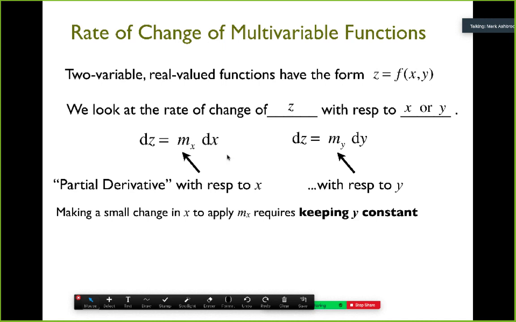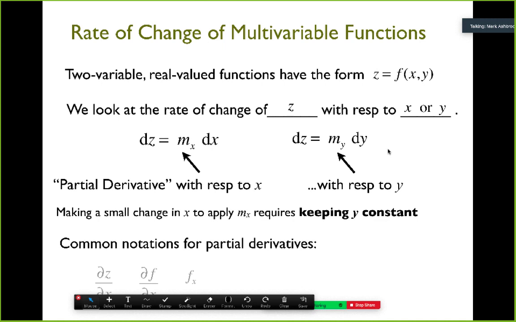We don't want any influence of y, so we're going to keep y constant when we're analyzing changes in z with respect to x. So this implies that y is being held constant. And similarly, when we analyze changes of z with respect to y, that implies that x is held constant. Okay?